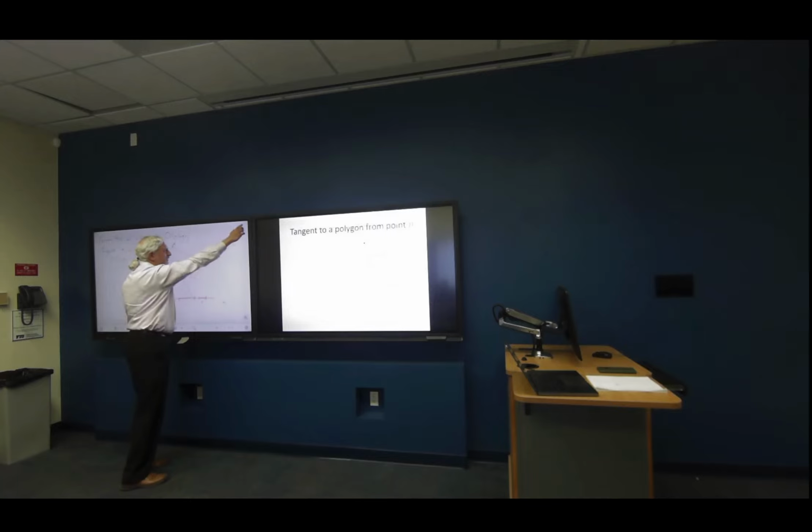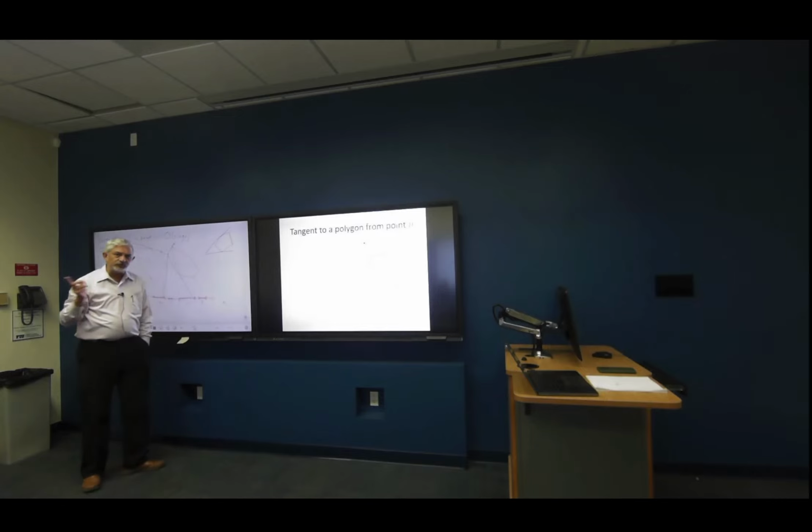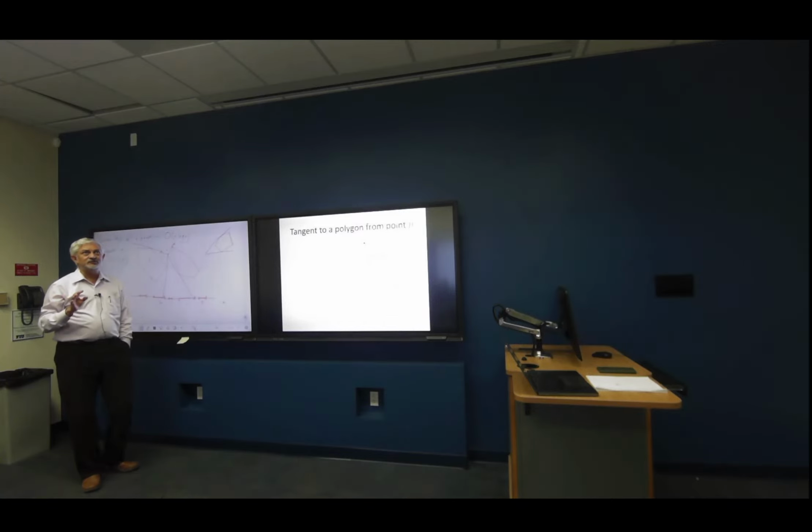It could be here, it could be here, you just don't know. But you'll get two tangents. Now, those two tangents, first of all, you can see whether the tangents are going to hit the x-axis. If they're not going to hit the x-axis, you couldn't care less about it. Agreed. They're not going to ruin your life at all. Is that true?